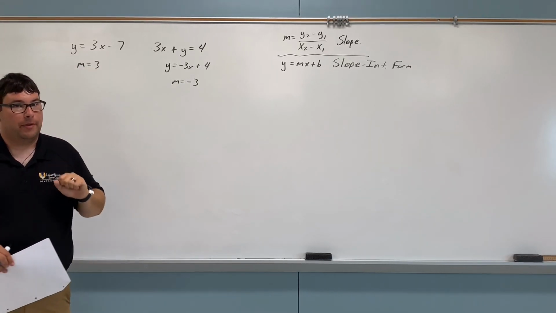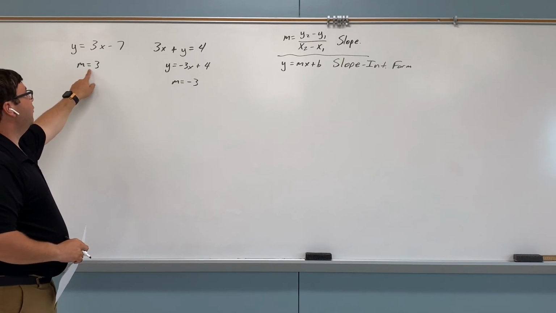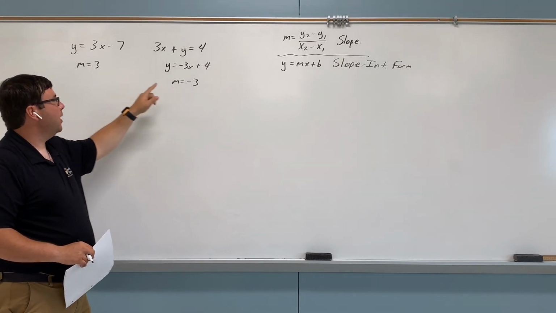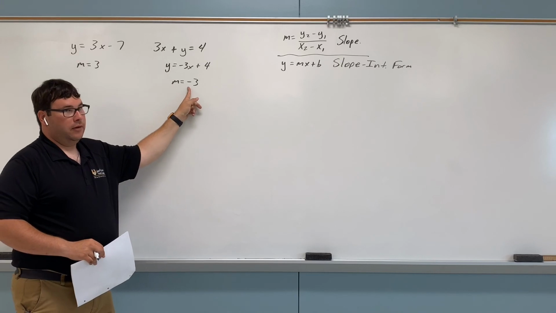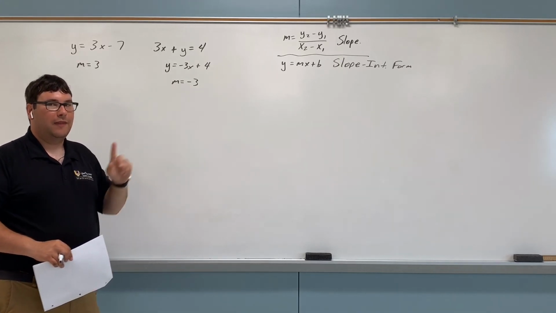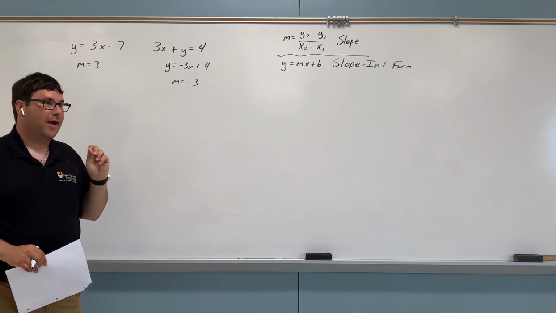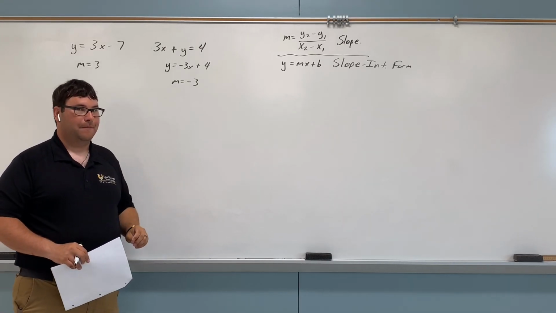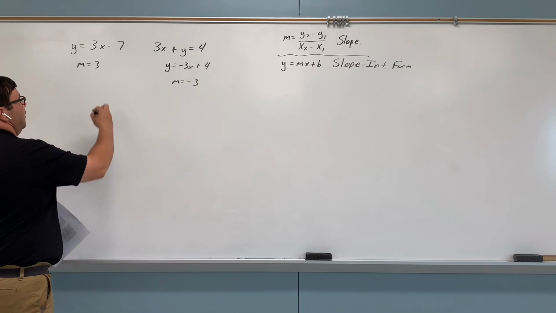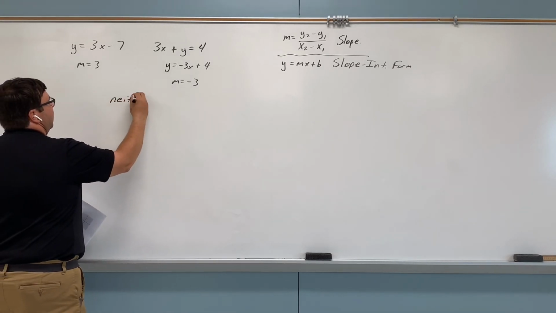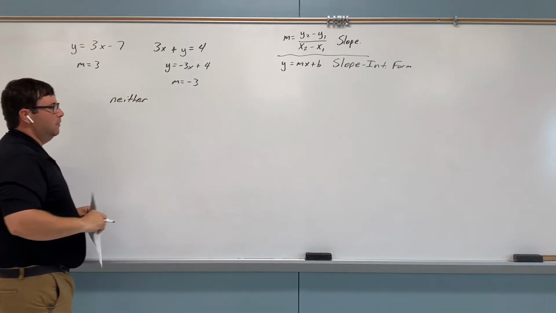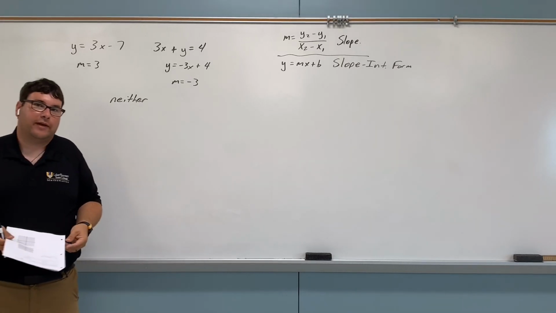Question, are they perpendicular? So I have a slope of 3, I have a slope of -3. They are opposite, but they are not reciprocals of each other. So these lines are not perpendicular either, which means the solution here is that these are neither perpendicular nor parallel. They just intersect at some point.